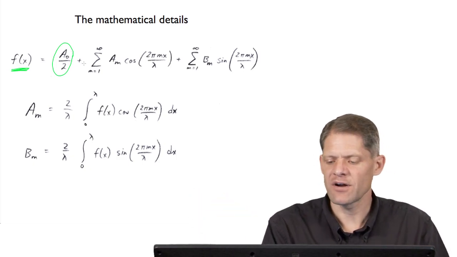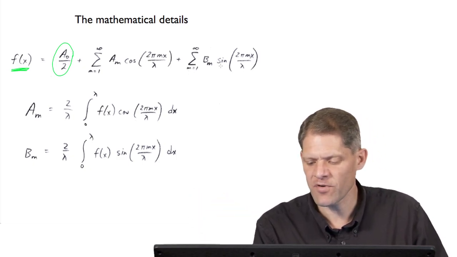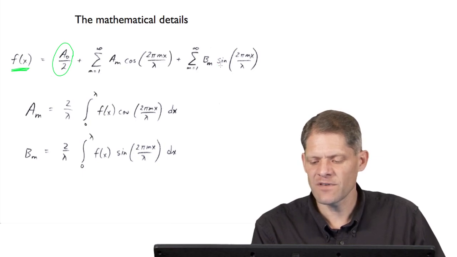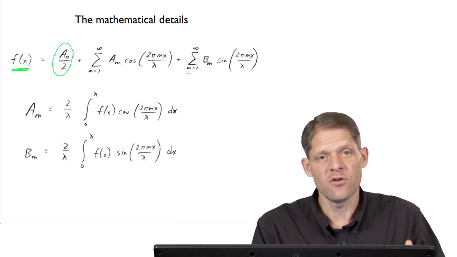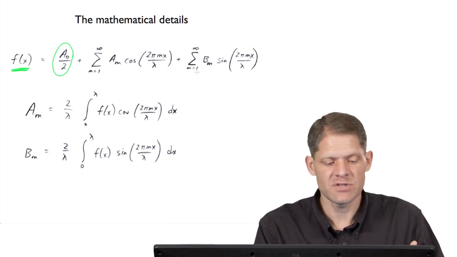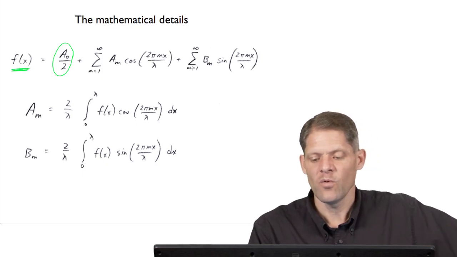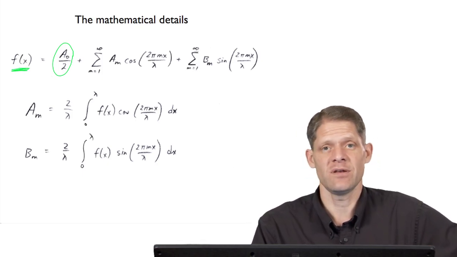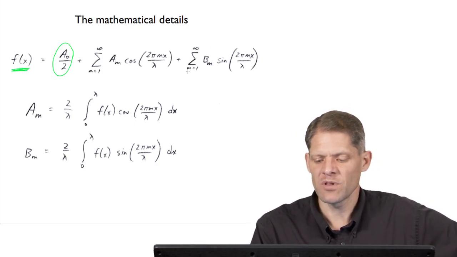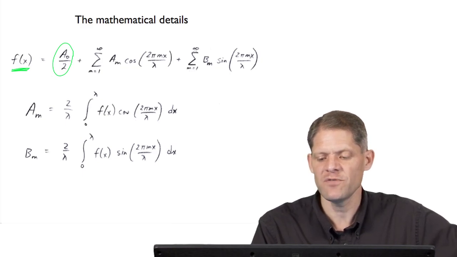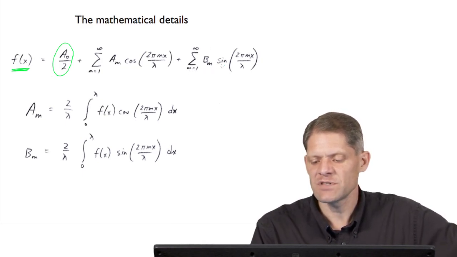And then there are a series of, let's focus on this term first, a series of sine waves. And in order to perfectly reproduce any periodic function, we need to be able to include an infinite number of sine waves. So we'll let the summation be from 1 to infinity. An infinite number of sine waves.